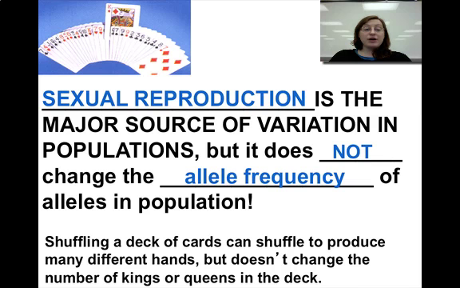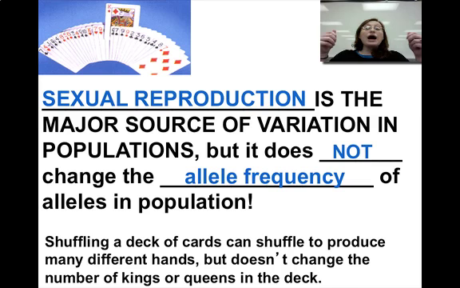You have a deck of cards, and the deck of cards has a certain amount of numbers and a certain amount of suits. As you shuffle the deck and randomly pull two cards, you are always bringing together a different combination. However, you're not changing the amount of, say, kings or queens that are in the deck. So the number of alleles stays the same.